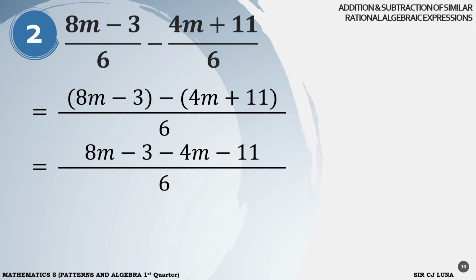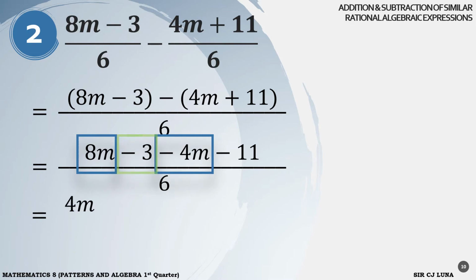We will combine like terms. You combine the similar terms, those with variables, and those that are constants. So what are those? We have 8m minus 4m. What is 8m minus 4m? Good, 4m.